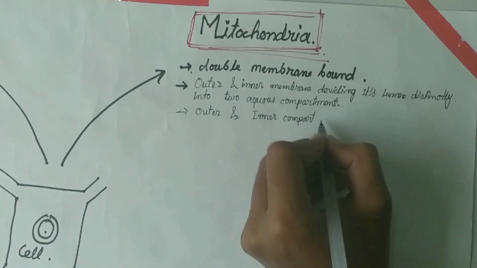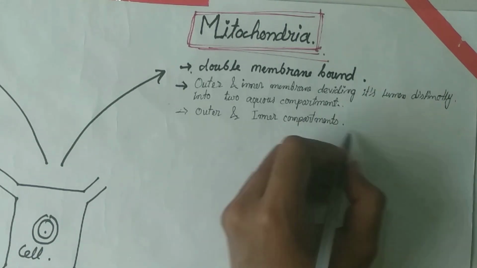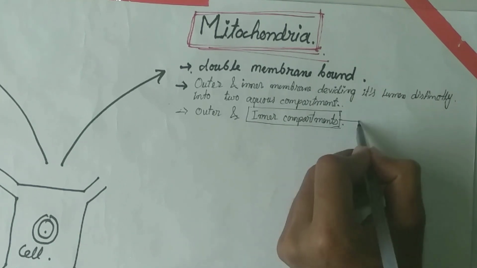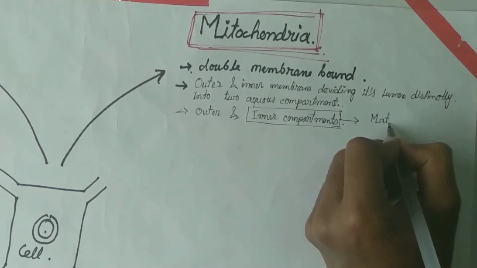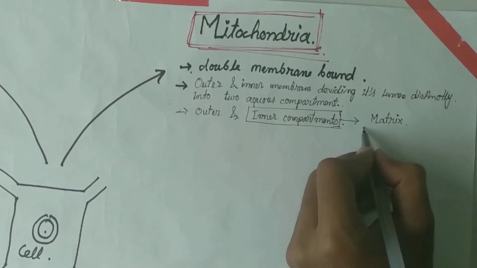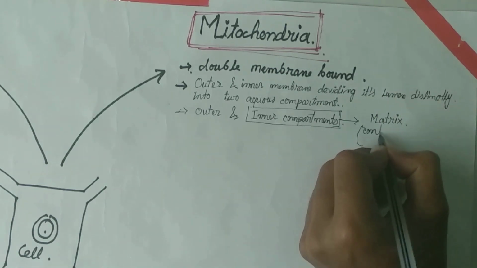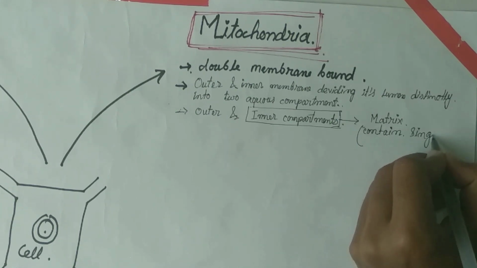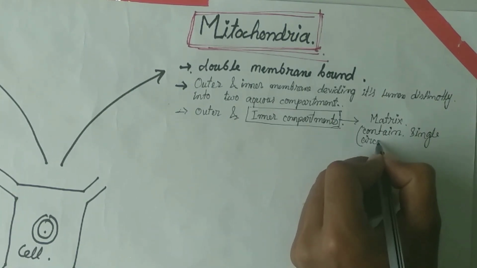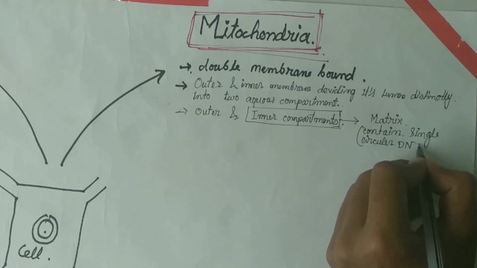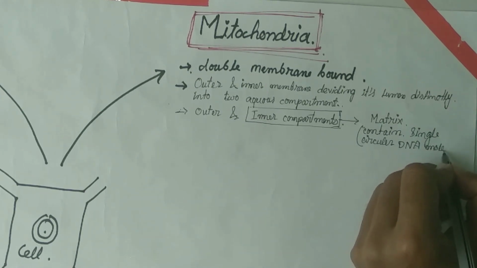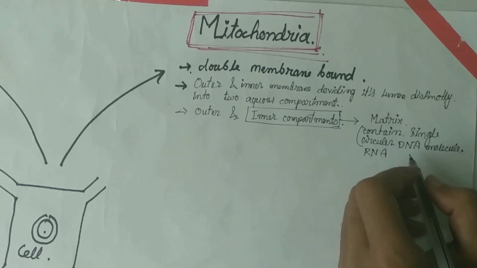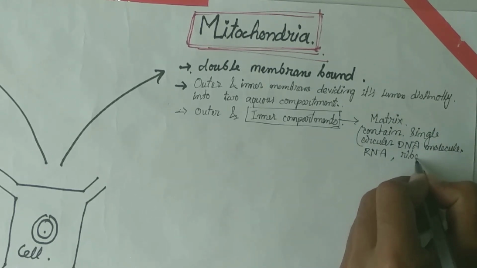The inner compartment is also called the matrix. The matrix contains a single circular DNA molecule, a few RNA molecules, and ribosomes of the 70S type.